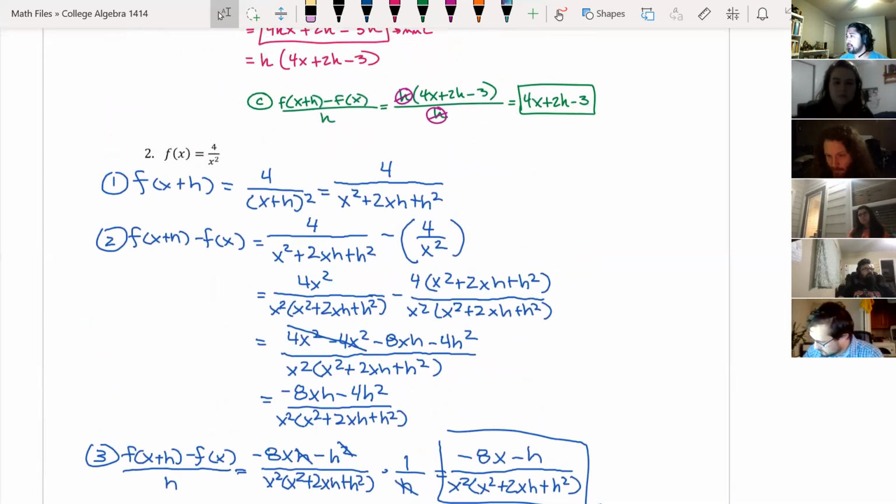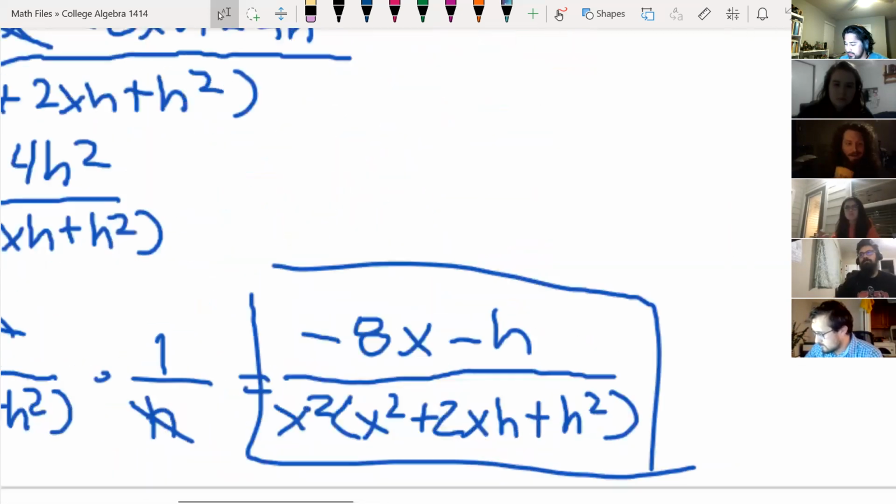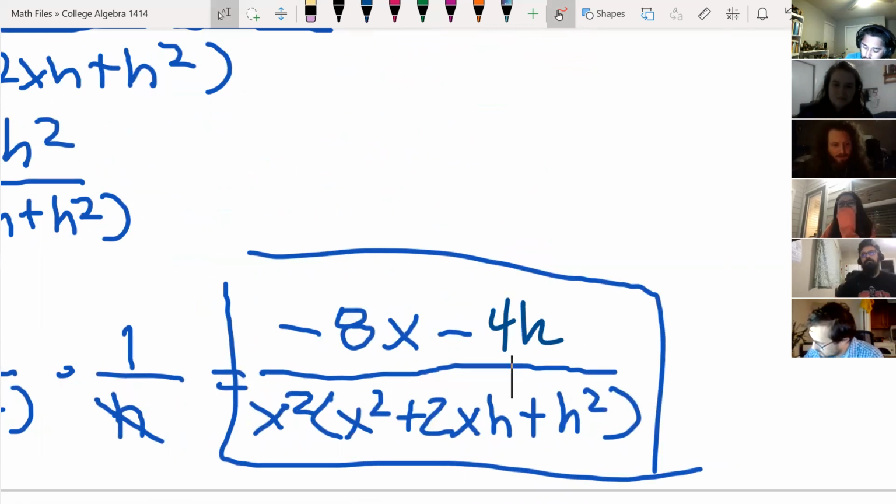Anybody need this page still up for a second? Okay, good. I think I made a mistake on it. It should be 4h at the bottom. At the very bottom, it should be negative 8x minus 4h. Yeah, you left that off. Very easy to make a mistake. I just dropped that whole 4, and they were all believing it.